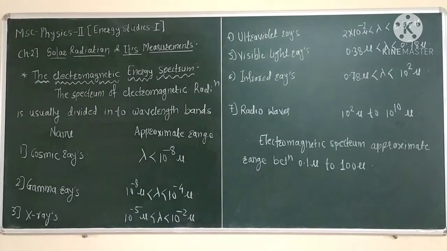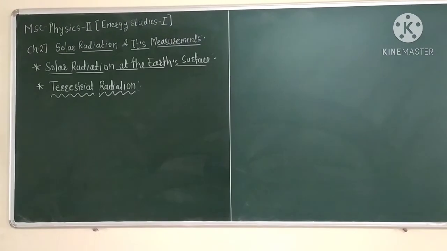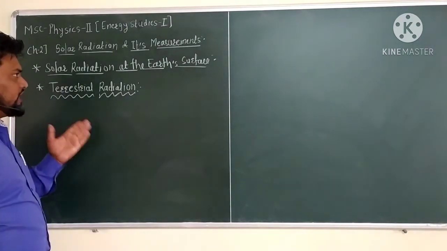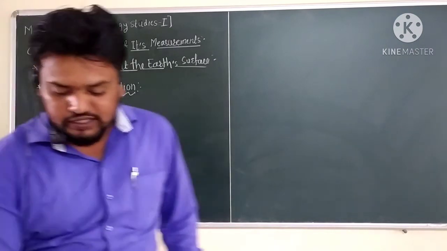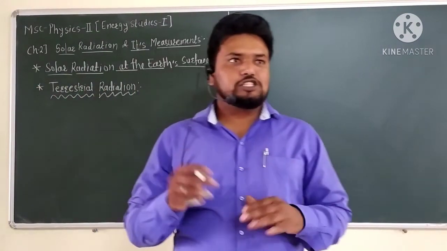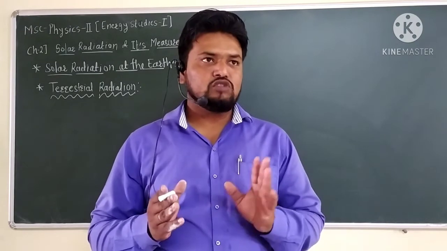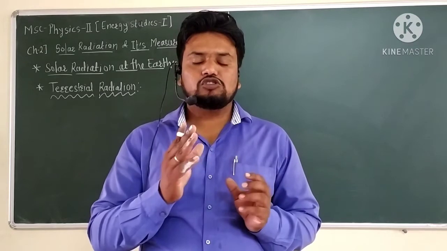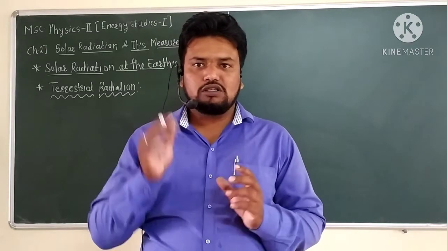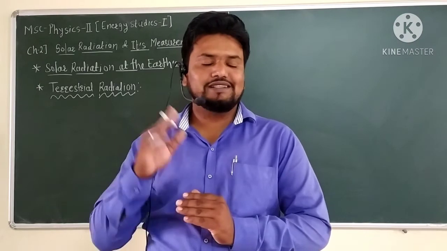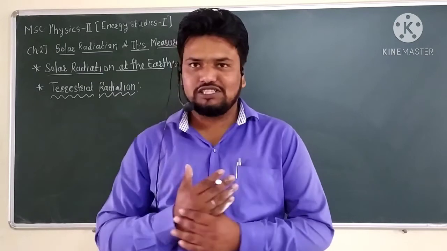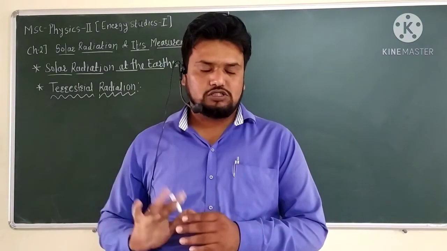We continue with this point, and here we want to see what is meant by terrestrial radiation. In the last few lectures we saw the solar radiation outside the earth's surface, and now we include the terrestrial radiation, that is, solar radiation at the earth surface.